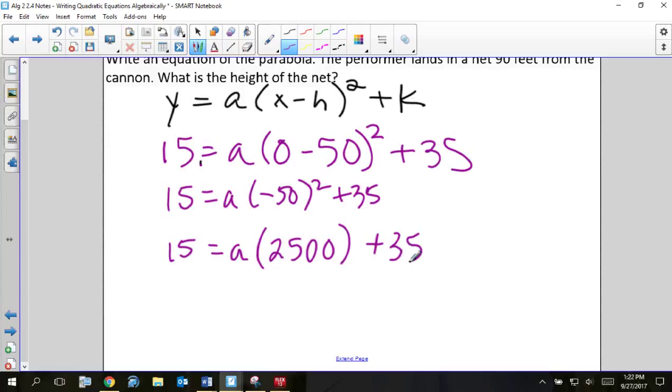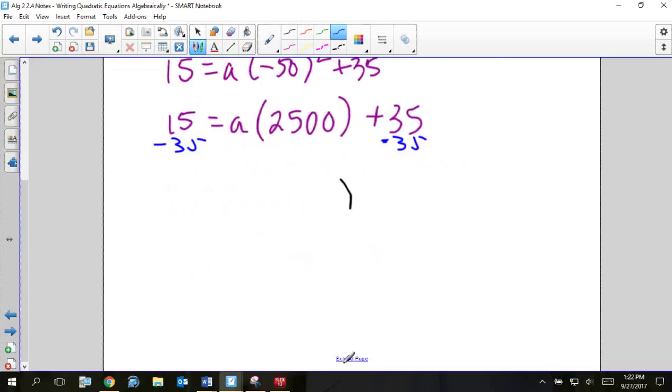And now we're trying to isolate a. What should I do? Not divide yet. Subtract the 35 next. So I get negative 20 equals a times 2,500.